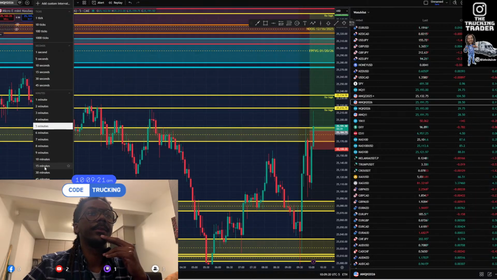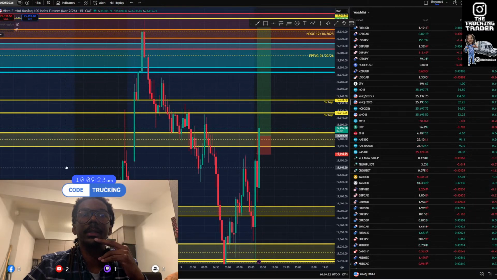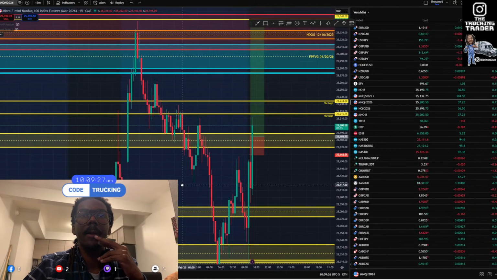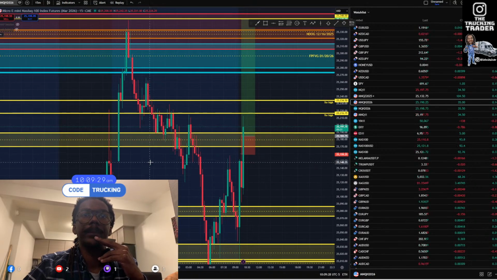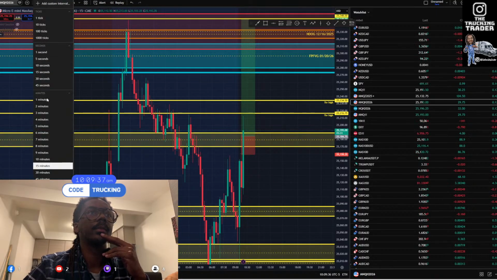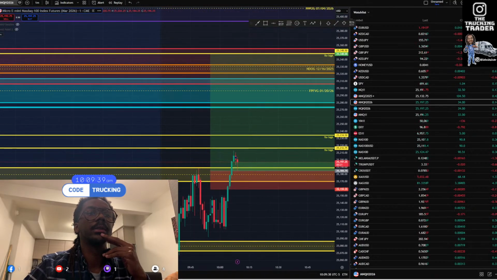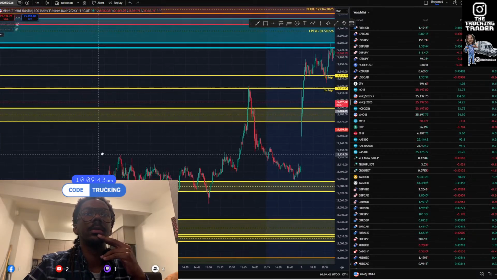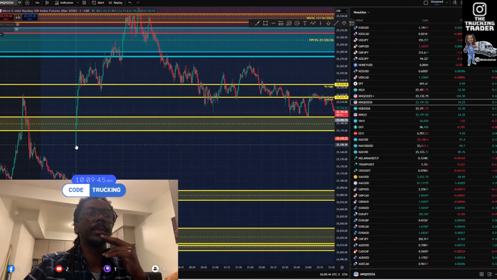Try to see if we could find an inversion or something like that to trade off of. Not really seeing it. But we do have, let me see, I need to put this new week opening gap on my chart.